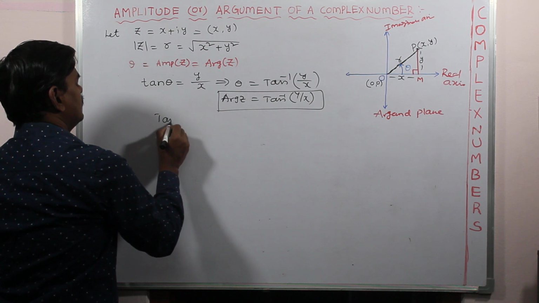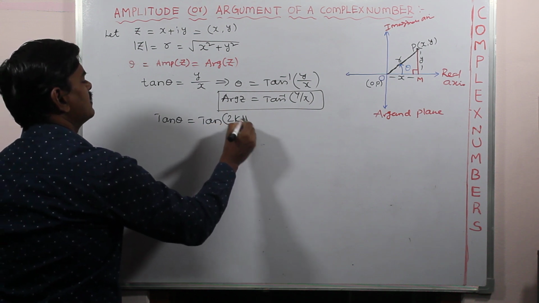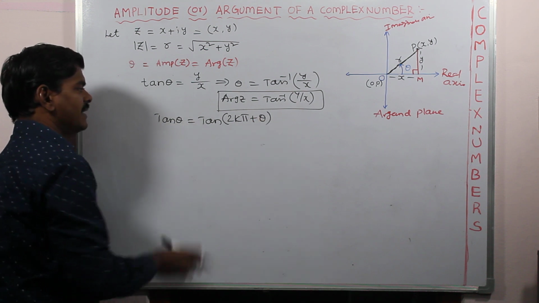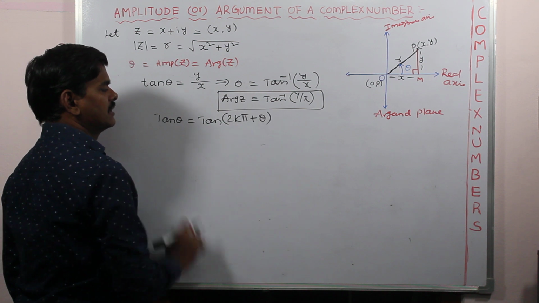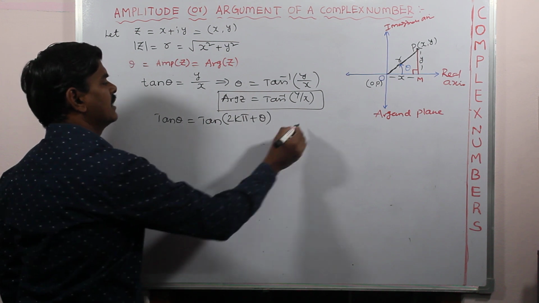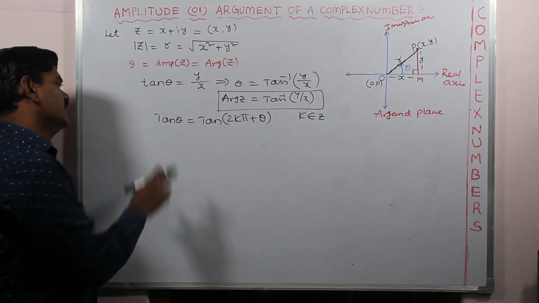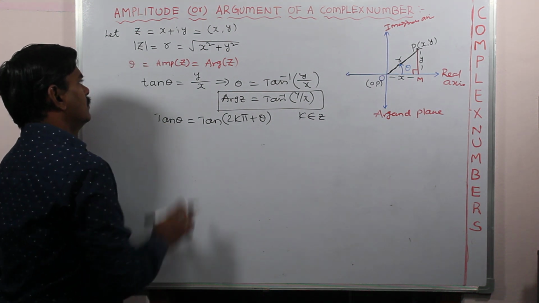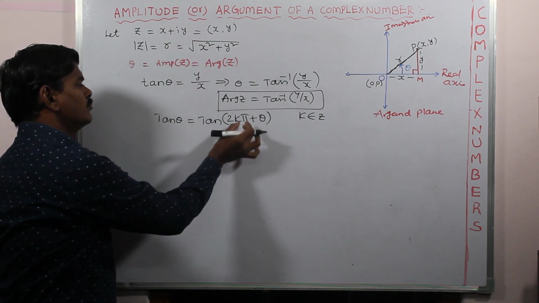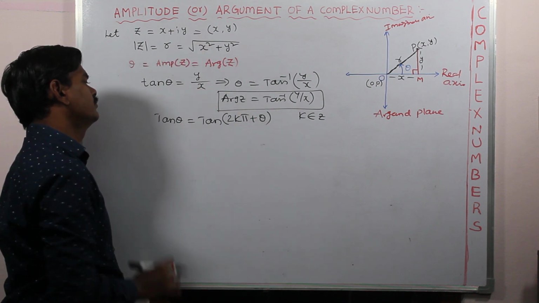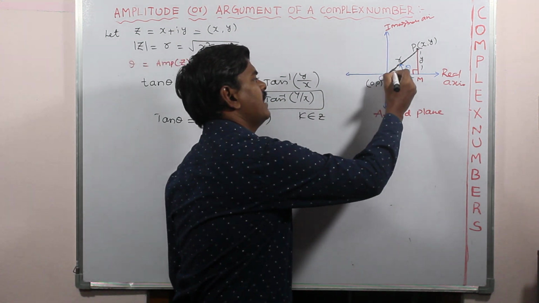Tan theta can also be written as tan of 2k pi plus theta. Both are equal, like tan of 2 pi plus theta, tan of 4 pi plus theta, tan of 6 pi plus theta. Here k belongs to z. So whatever theta value is treated as amplitude of z, the same 2k pi plus theta also, because both angles represent the same line.